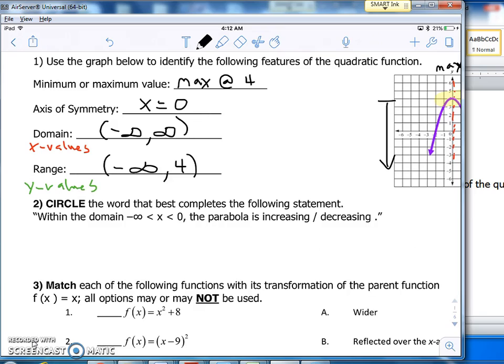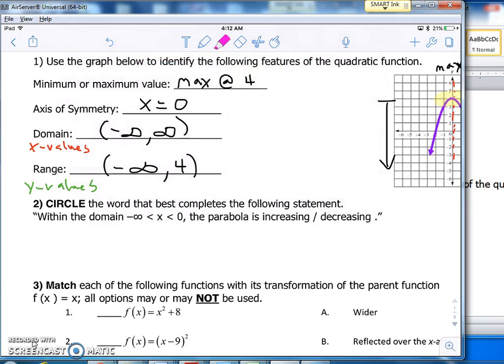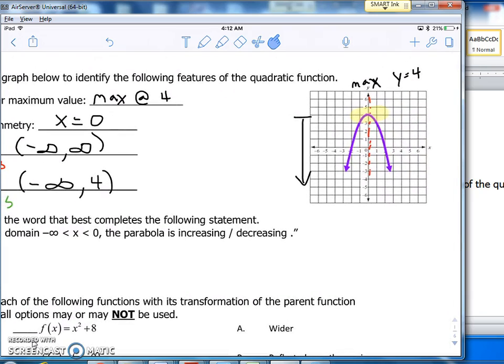All right, number 2. The word that best completes the following statement: within the domain negative infinity to 0, and let's highlight this. So this domain, let's put it in. So x is negative infinity way over here, and it asks what is happening with the function as we go to 0.